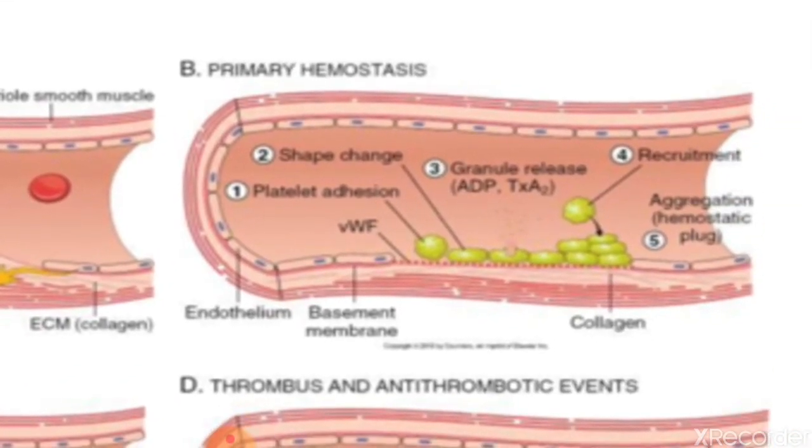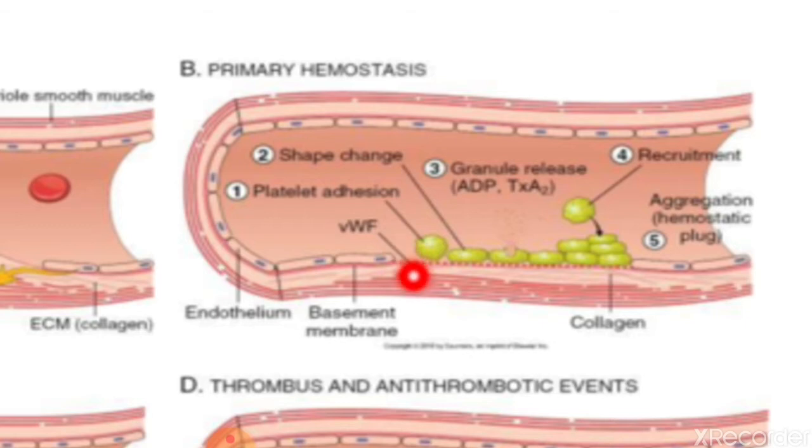The second step is what we call the primary hemostasis, or platelet plug formation. The platelet, which is normally circulating through the blood vessels, when there is injury, there is exposure to the collagen fiber. And an important factor which is secreted by the endothelial cell is called von Willebrand factor, and this factor has its receptor on the platelet.